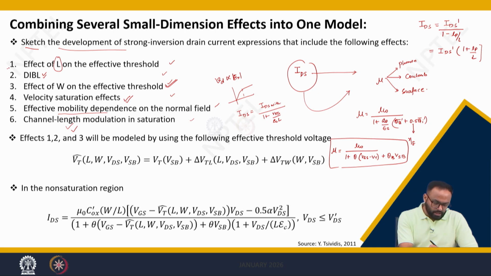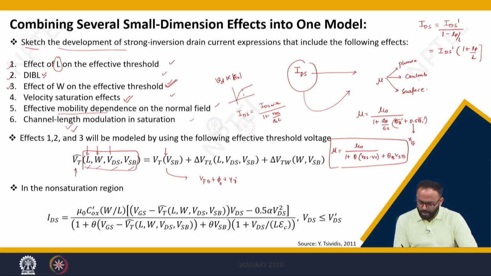The first, second and third model changes the effective threshold voltage. So I can rewrite the threshold voltage equation, which is ultimately governed by L, W, VDS and VSB. These are the parameters which influence the threshold voltage in general. VT versus VSB we have already known. For long channel devices also it is influenced by VSB, as VT can be given as V flat band voltage plus phi naught plus gamma times of phi naught plus VSB.